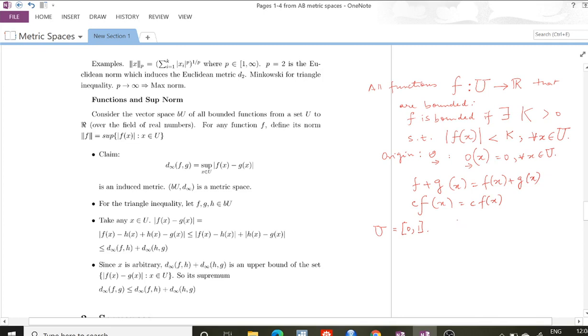So I can represent their graphs. My domain is 0 to 1, closed. I have all functions that are bounded, not necessarily continuous, but let's just draw a nice continuous function. So let's say I have a function that looks like that. That's my graph of f.